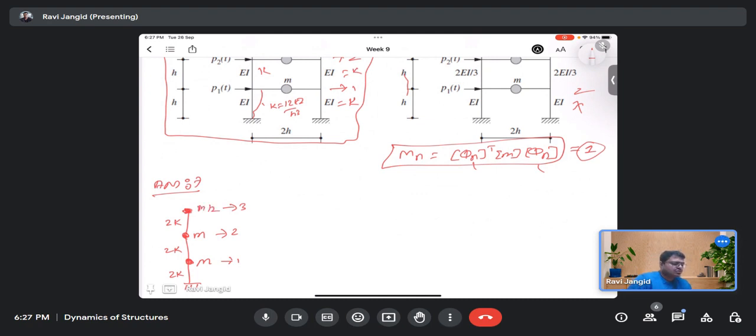So find out the stiffness matrix. You are getting 6K? No, matrix K11. What is the K11? Is it the 6K or 4K?